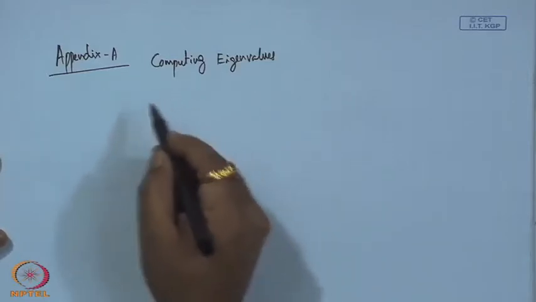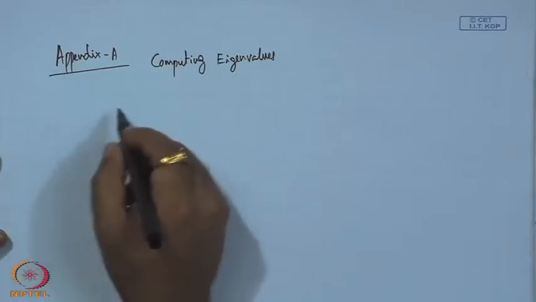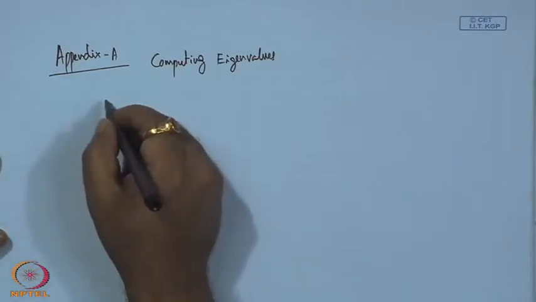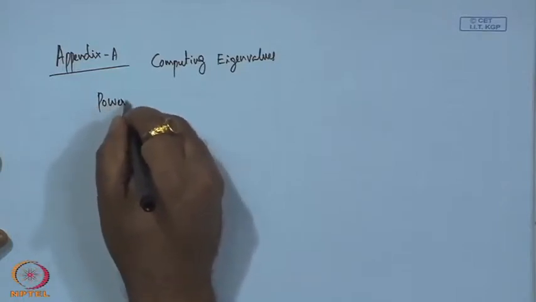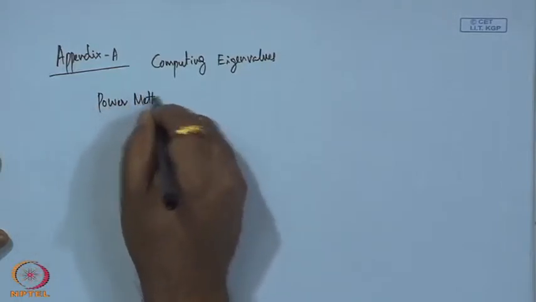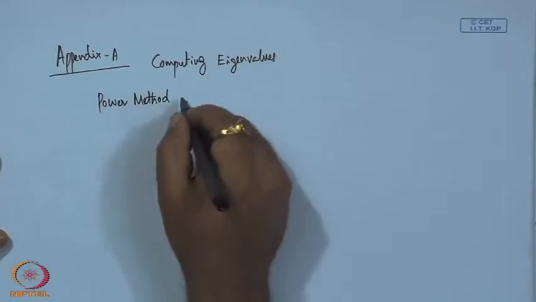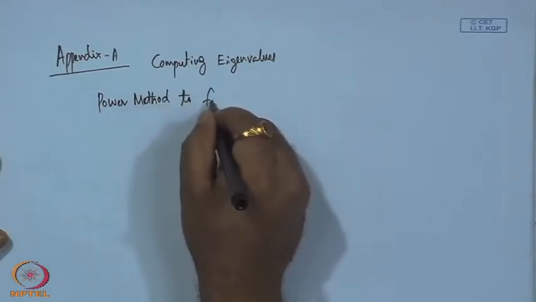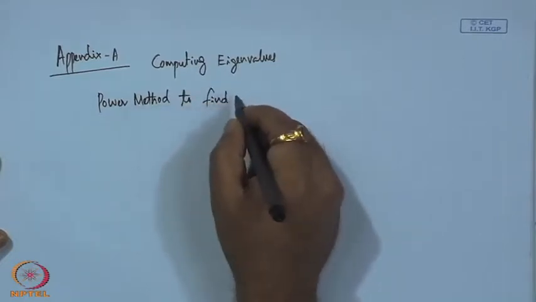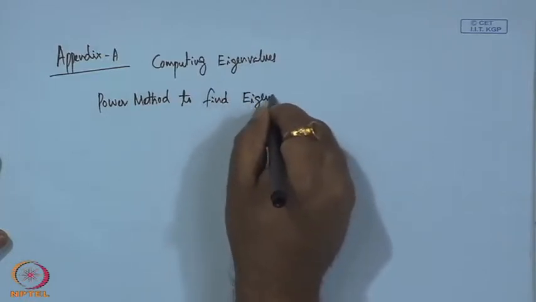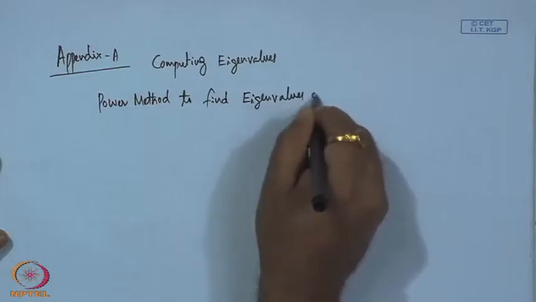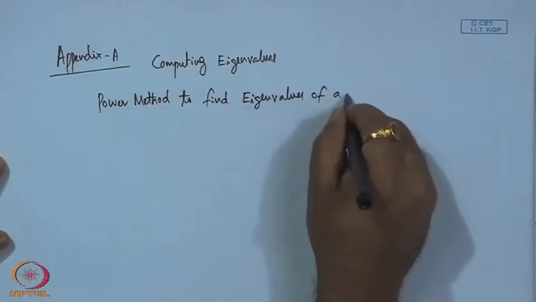But there are methods, one of them which does iteratively is called the power method to find eigenvalues of a matrix.